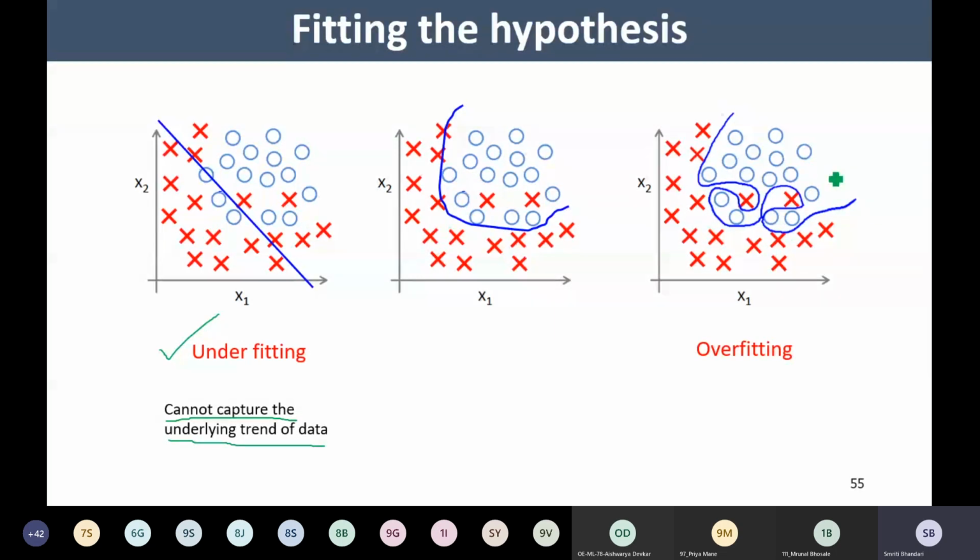So if you look at this function, it is really very consistent with whatever my training data is. Every sample in my training data is being correctly classified by making use of such a non-linear function, right?